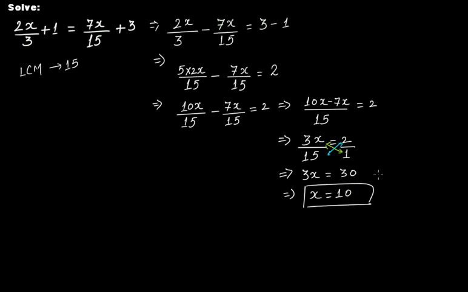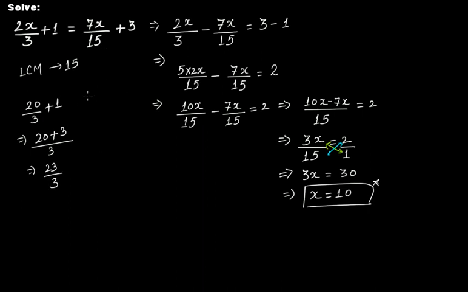If you want to cross check it, put 10 here. 2 times 10 is 20, so 20 divided by 3 plus 1, this is 20 plus 3 divided by 3, you get 23 by 3.